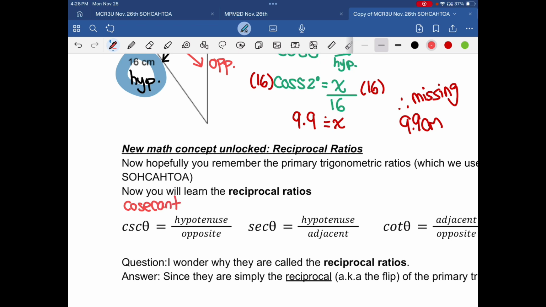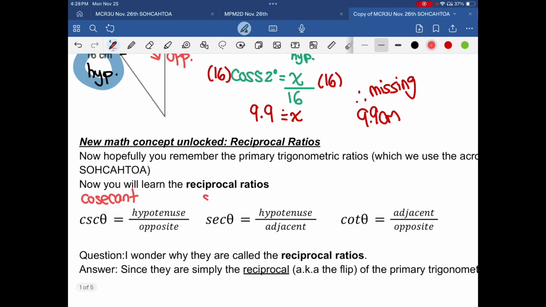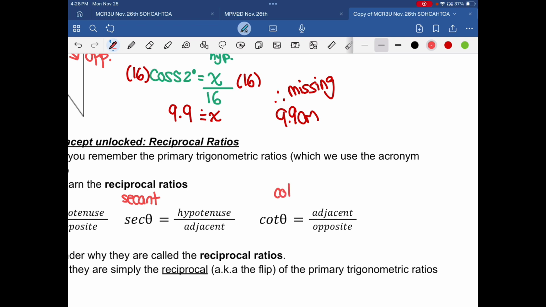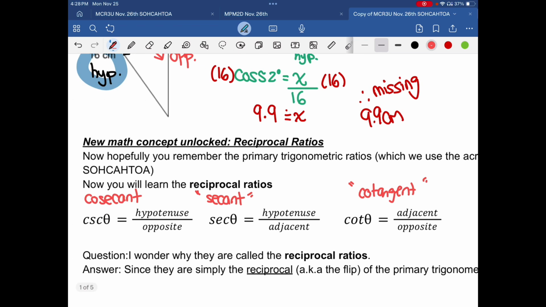Cosecant is hypotenuse over opposite. Secant, which I'll also write phonetically, secant is hypotenuse over adjacent, and then we have cotangent, which is simply adjacent over opposite.